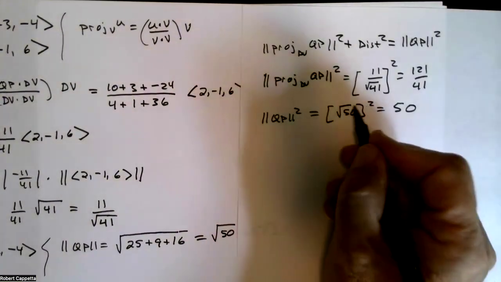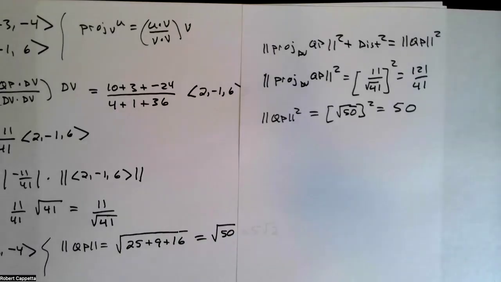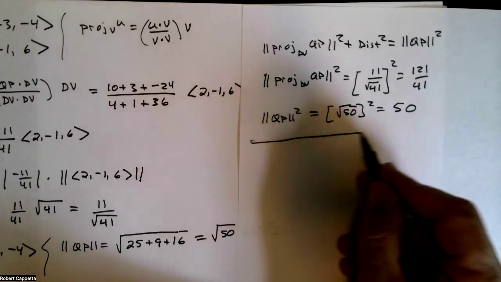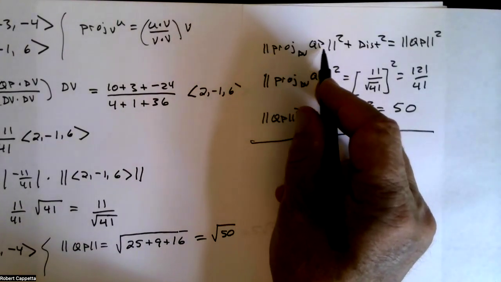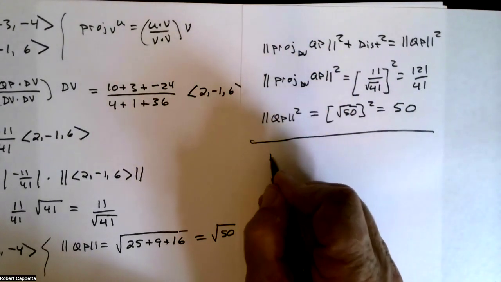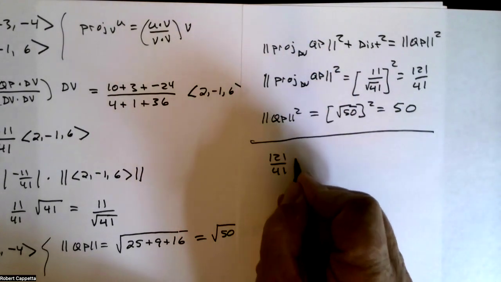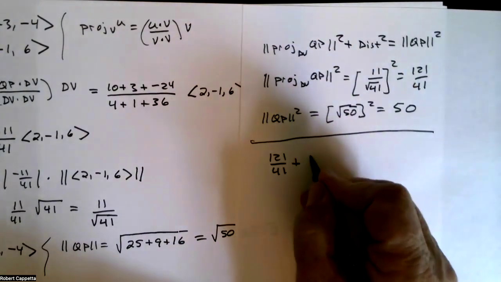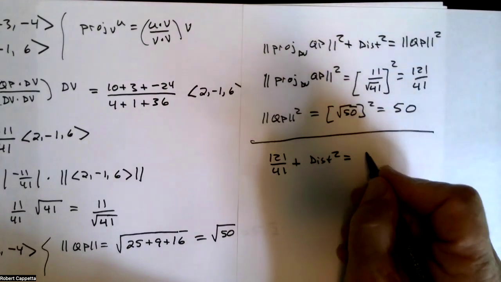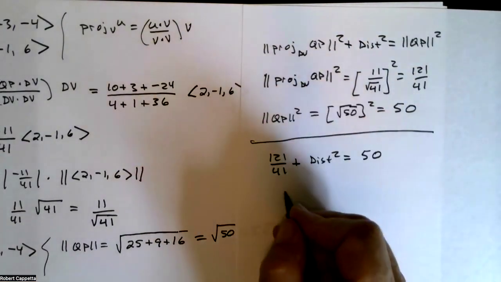The magnitude of QP was root 50, so root 50 squared is 50. Now let's plug these in and see what we get. The magnitude of the projection squared, so 121 over 41, plus the distance squared equals the magnitude of QP squared, which equals 50.